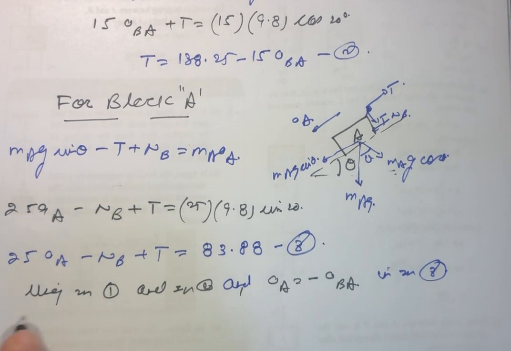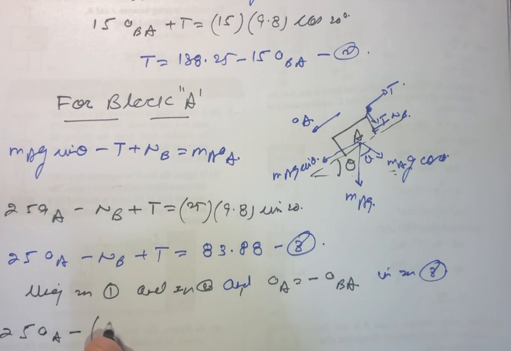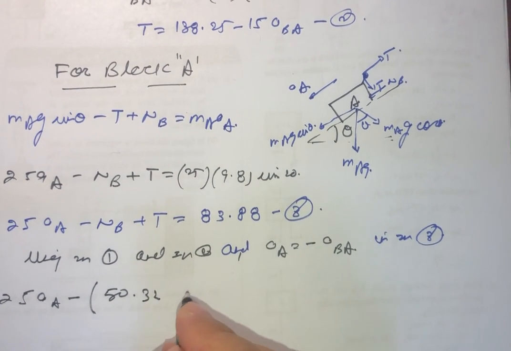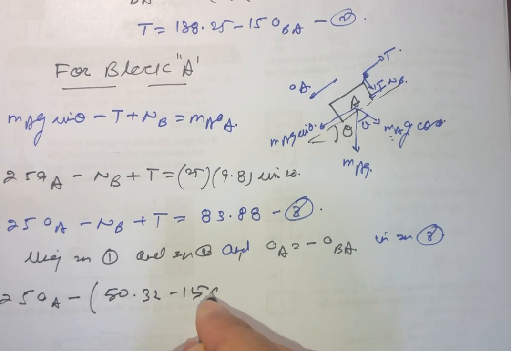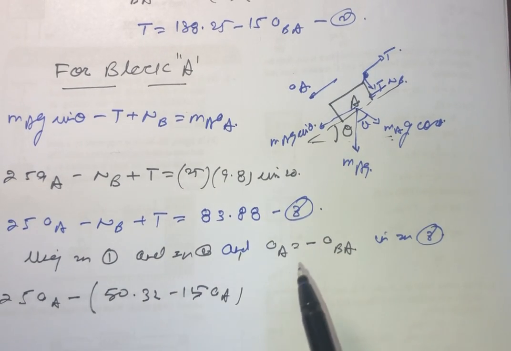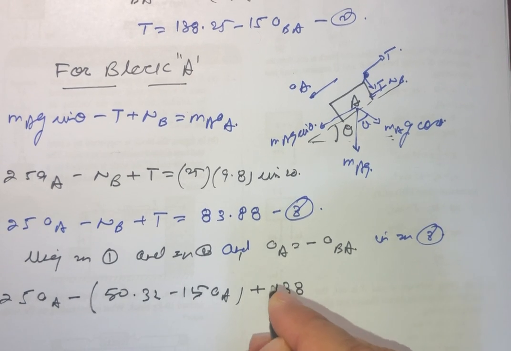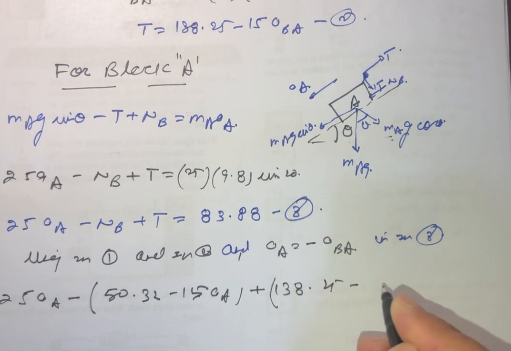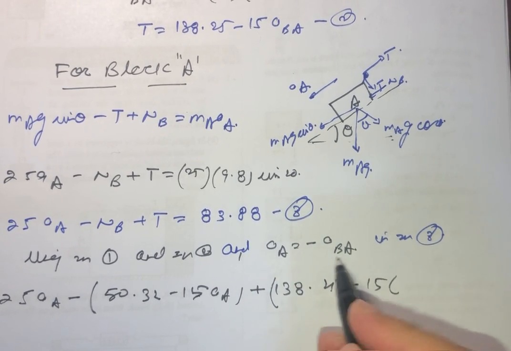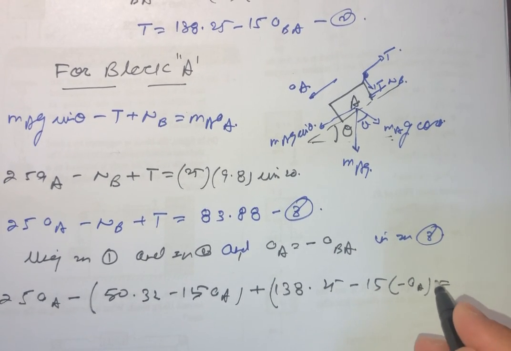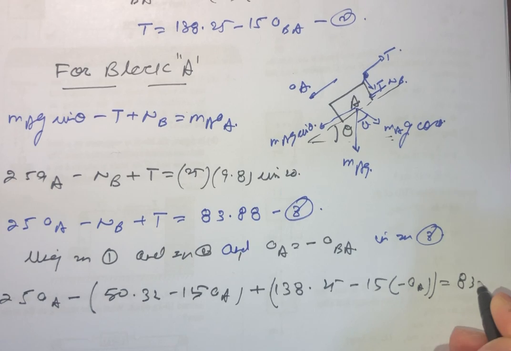So we get 25A minus NB, which was 50.32 minus 15A, and tension T, which was 138.25 minus 15 times minus A, is equal to 83.88.